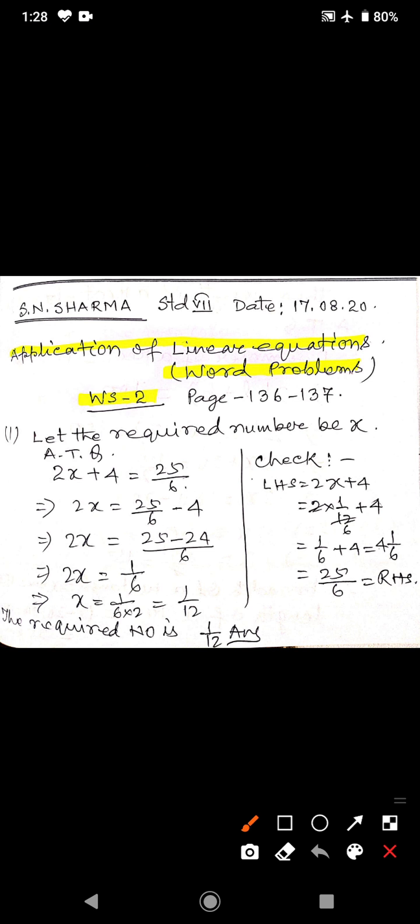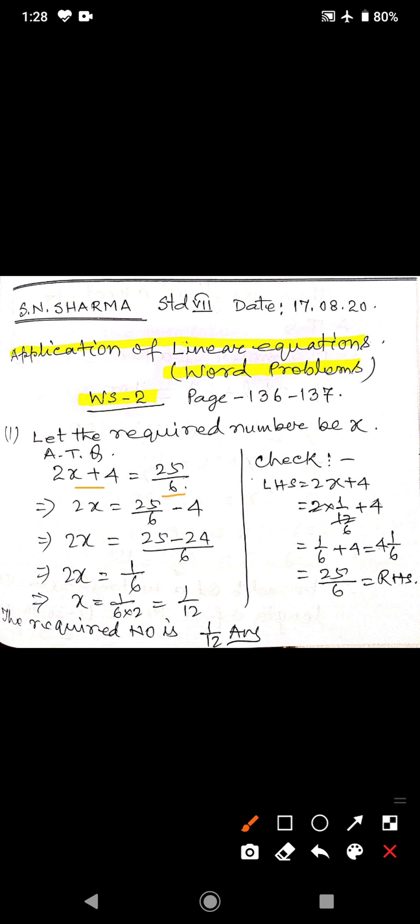Now, according to the question, 2x plus 4 equal to 25 by 6, because adding 4 to twice a number yields 25 by 6. So, you can write the equation 2x plus 4 equal to 25 by 6.